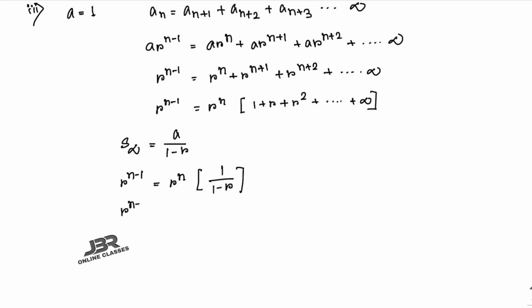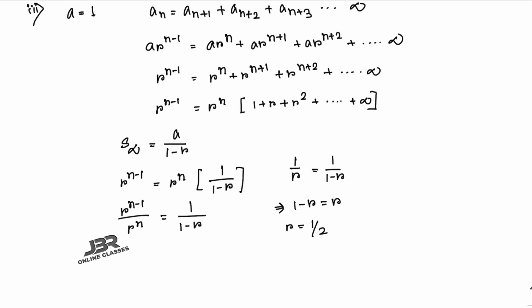Now next one, here you can write down r to the power n minus 1 by r to the power n, that is 1 by 1 minus r. So from that one 1 by r equal to 1 by 1 minus r. So here 1 minus r equal to r, then here r equal to half. Okay, r equal to here half.